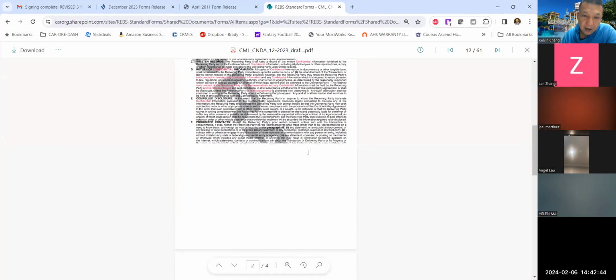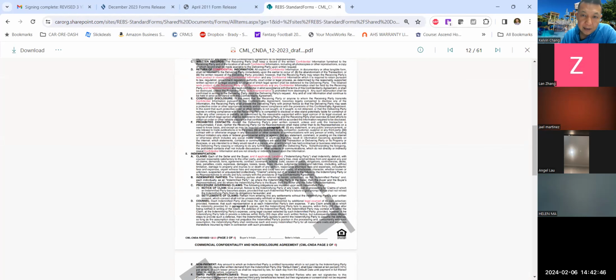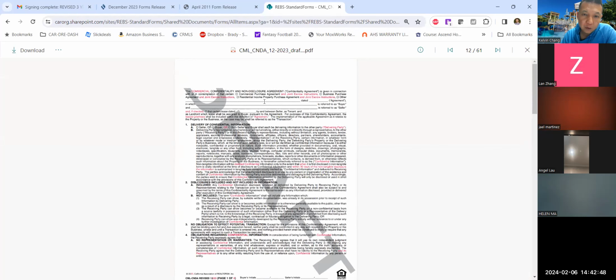All I really want to say about this is teach you when to use it. Let's say I have a commercial property listing with three retail strip center tenants. There is sensitive information that I have in my possession.